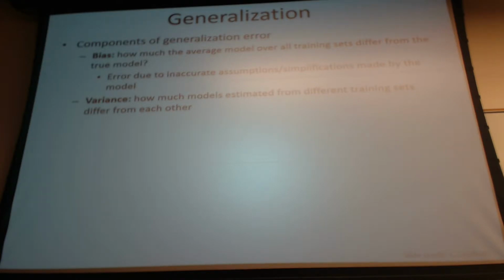Why does this occur? It occurs due to inaccurate assumptions or simplifications made by the model. So let's say the machine assumes that all cows have a nose. Then you give the machine an image of a dog. The dog also has a nose, so the machine says that this dog is a cow. Right?